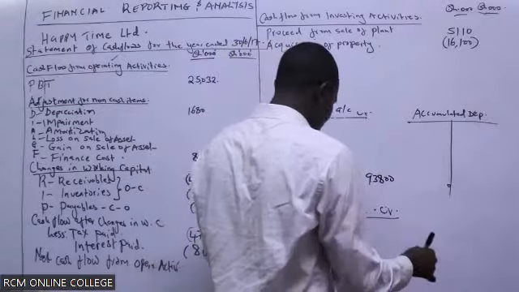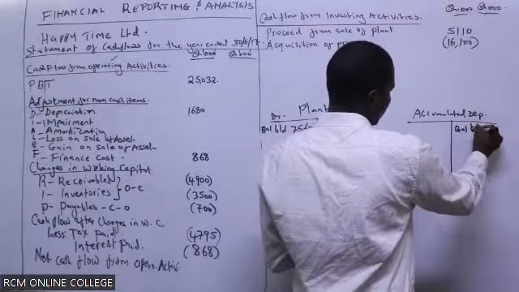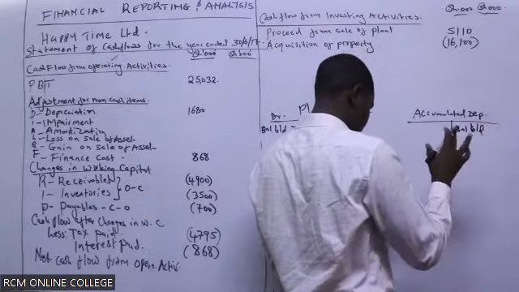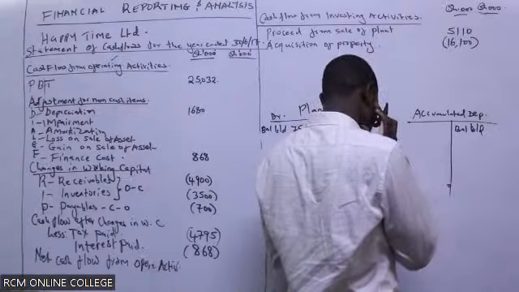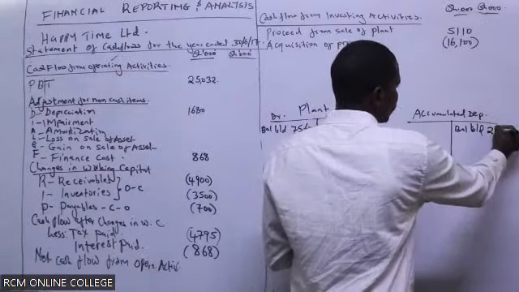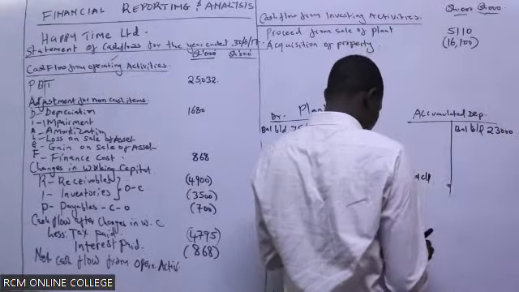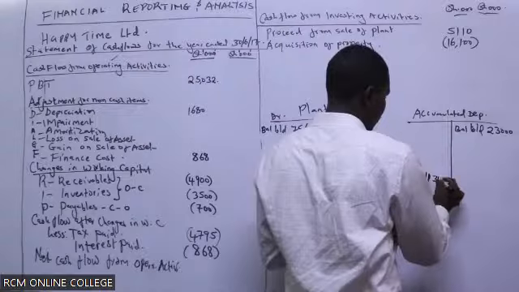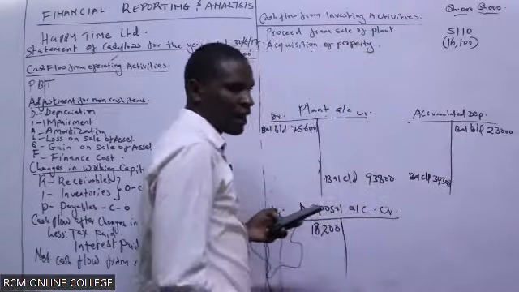So accumulated depreciation kwa plant, balance that was brought down, ngapi? 23,000. Balance carry down ilikuwa 34,300. Haya, concurrently.